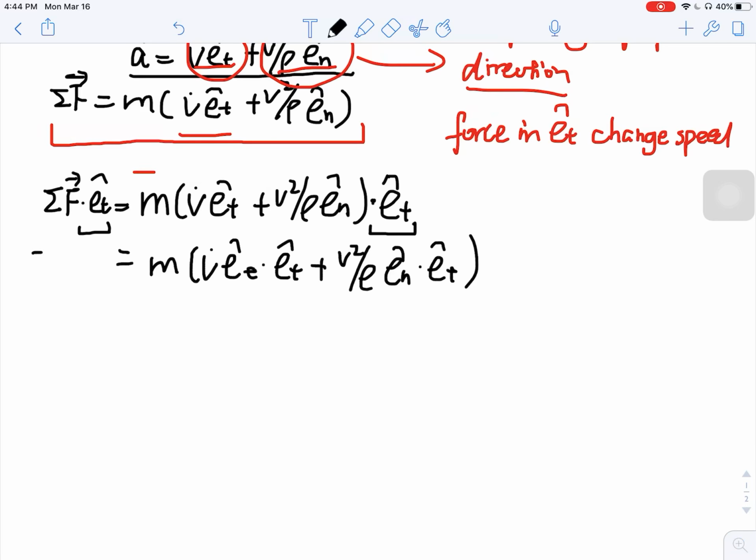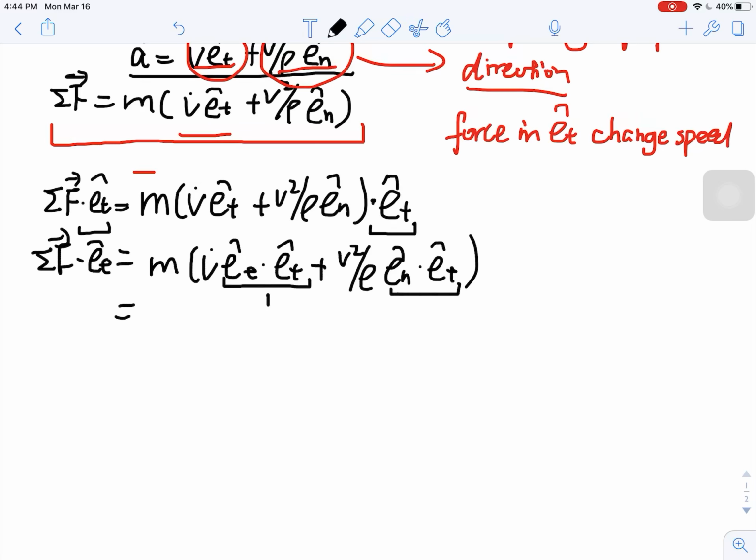On the other side, just copy F dot et hat. If you look at this, et dot et is the same unit vector. The dot product of the same unit vector gives you 1.